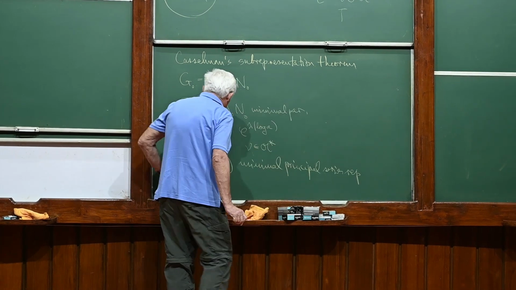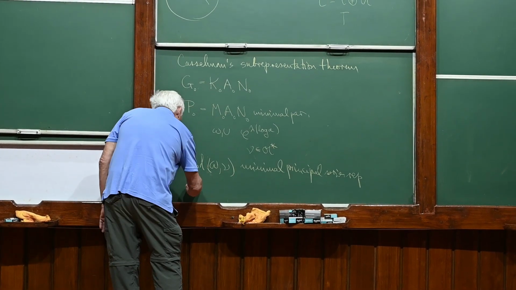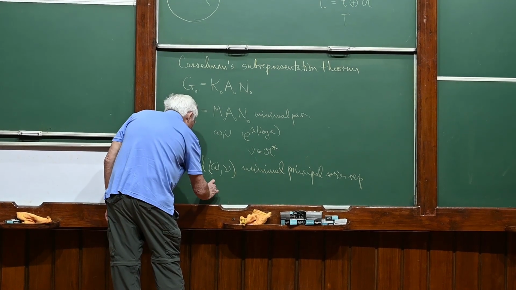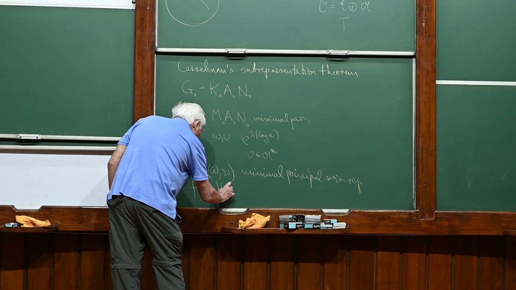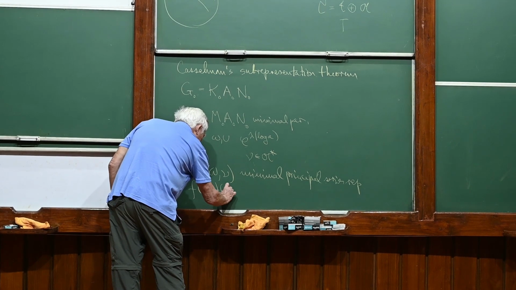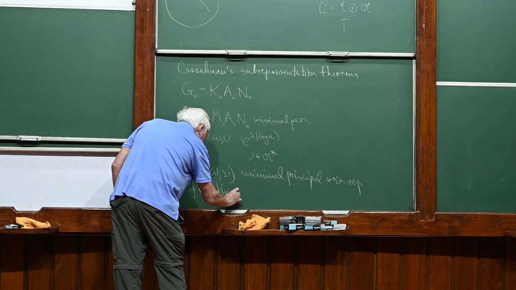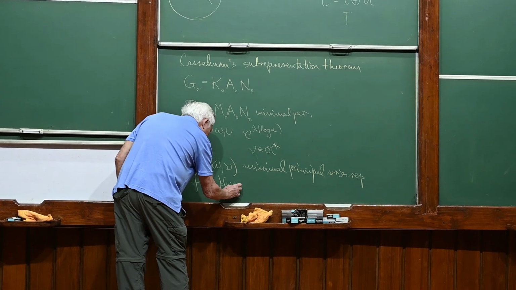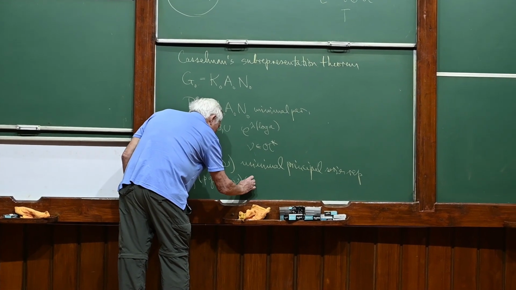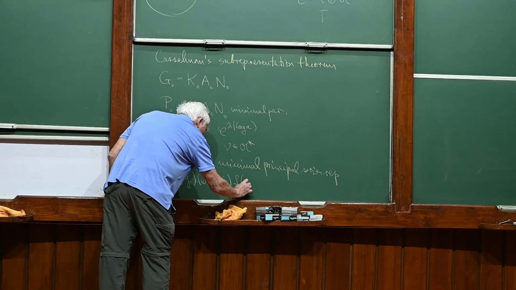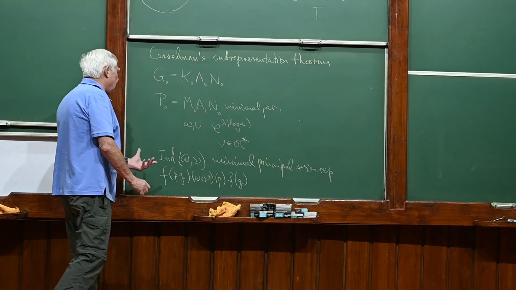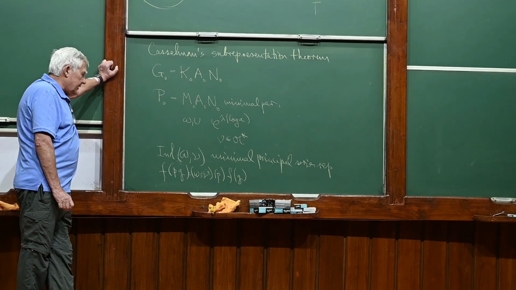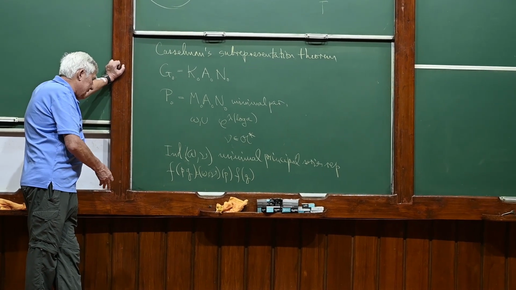Representation. So the elements of this space are the functions f, with f of pg equal to omega tensor nu applied to p, f of g. Again, I won't specify for a moment in what class of functions I'm dealing with.